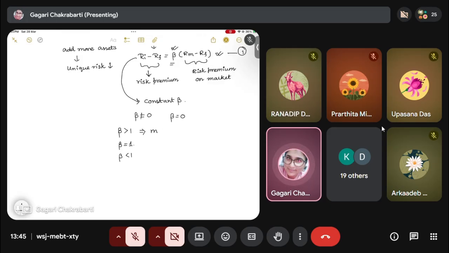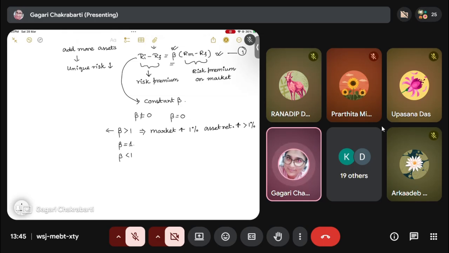So if market increases by 1%, or if Rm minus Rf improves by 1%, then the asset return will also increase because beta greater than 1 means it's positive, right?